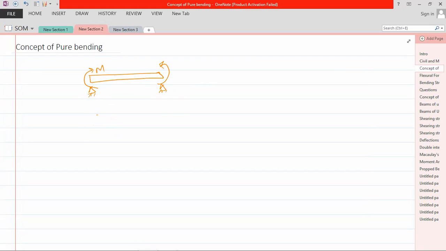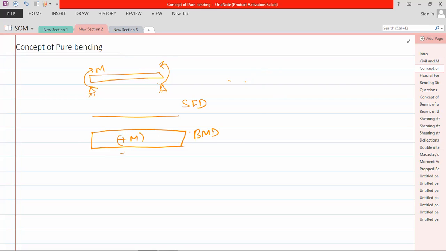The shear force diagram will be zero along the axis, but the bending moment diagram is positive M along the whole axis. So this is the case of pure bending, where there is no shear force in the SFD, and this is the BMD, bending moment diagram, positive M along the length.